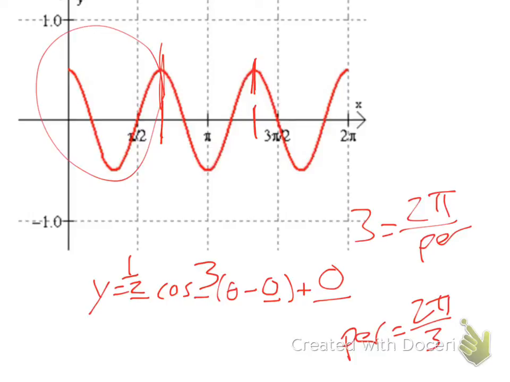If this would have told me that's 2/3 pi right there, then I could have placed it into my formula here, and when I divided those two out, I would have ended up with 3. So you like it if it gives you a number that works out nice, and if not, count it up. Any questions?